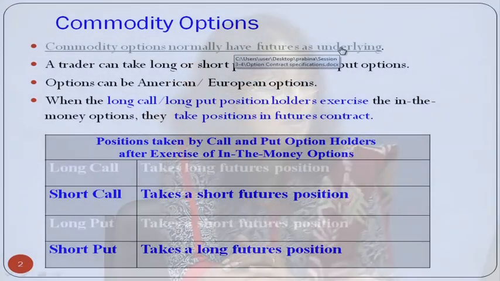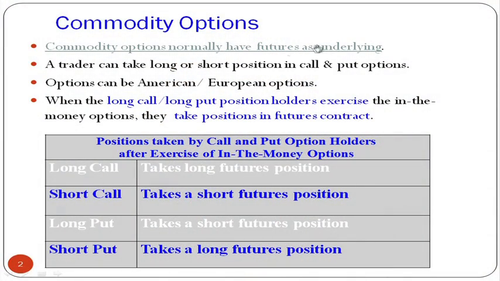So, this is all about commodity options. However, as I said, not all exchanges have commodity futures as underlying. You have very few. I'll just give an example at TIFEX.